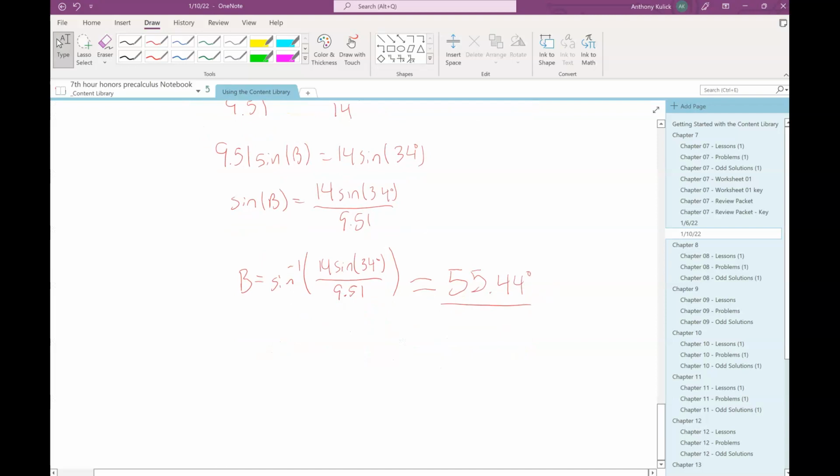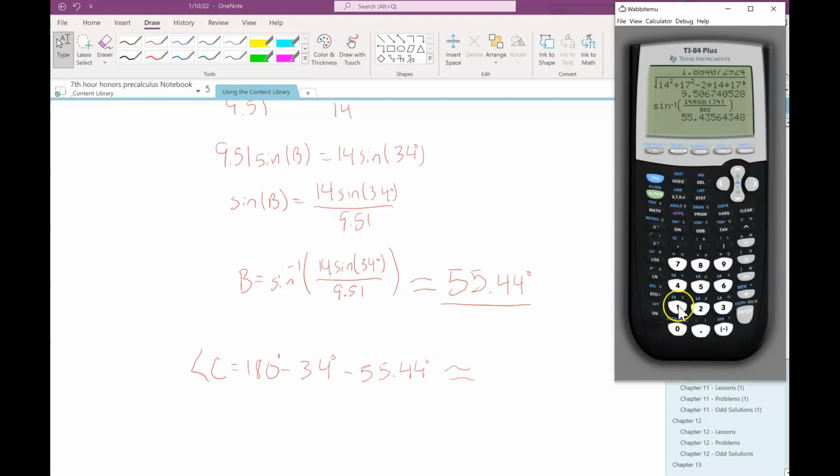And now angle C is super easy. Since I know angle A is 34, and I know angle B is 55.44, I can just add those two together and subtract them from 180.